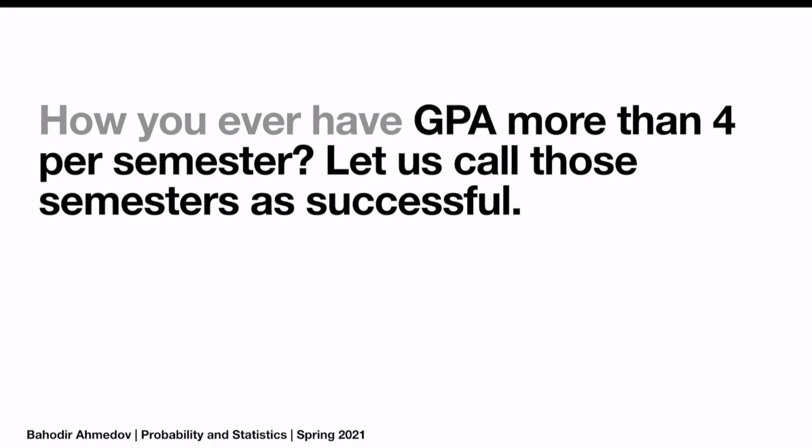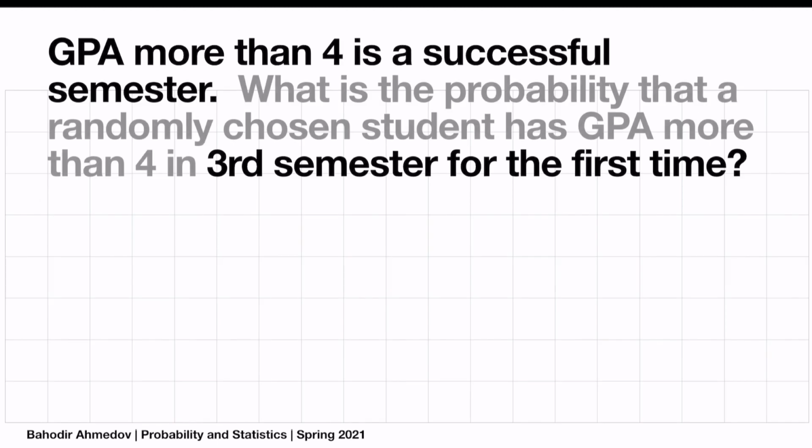Do you remember this? The number of trials you need in order to get the first success is called the geometric random variable. If you would like to know the probability that you will get the first successful semester in the third semester, you need to always create the scenarios, right?